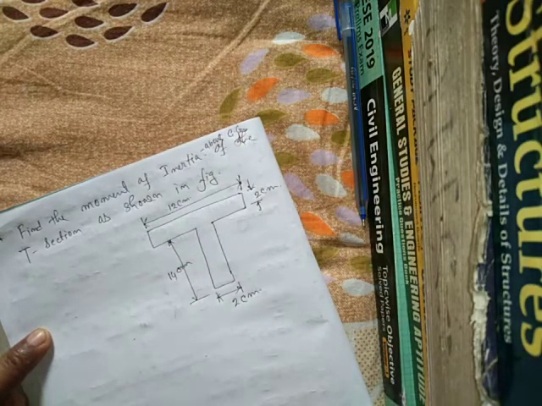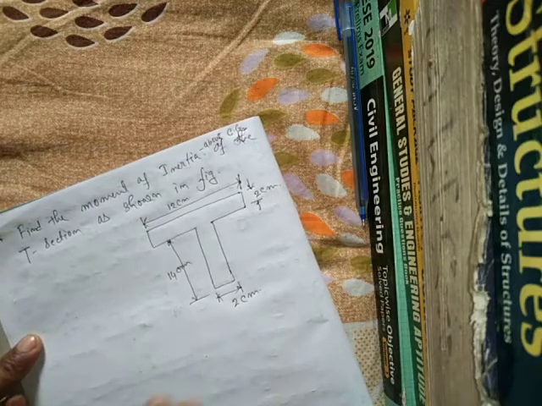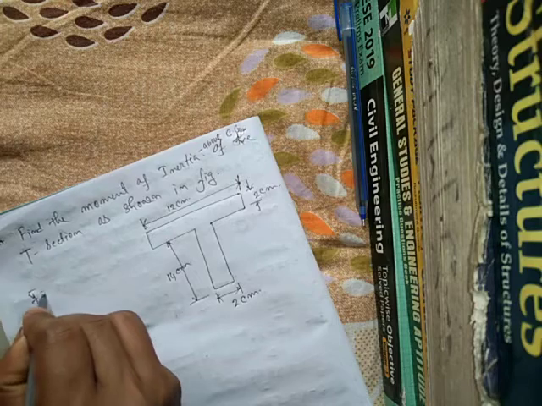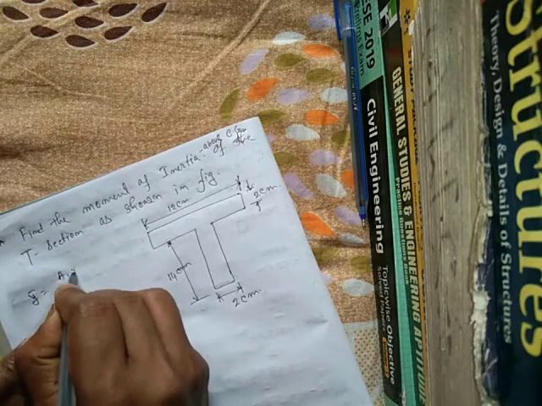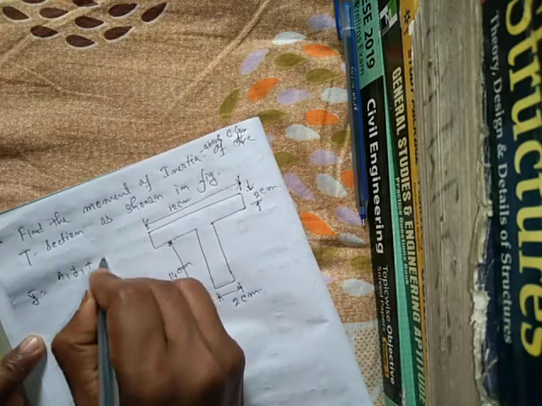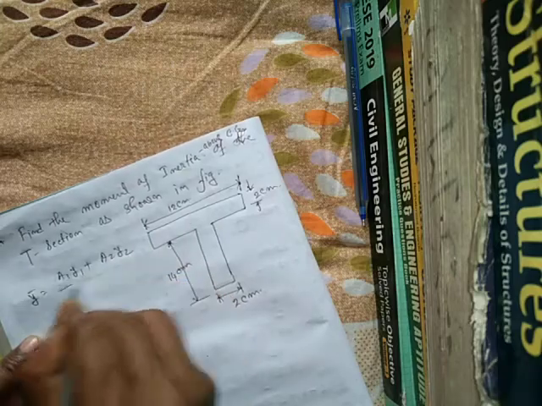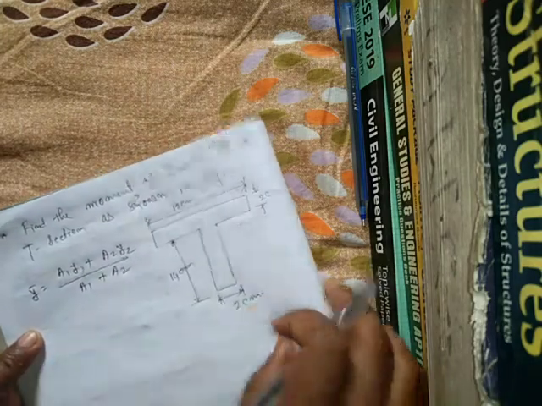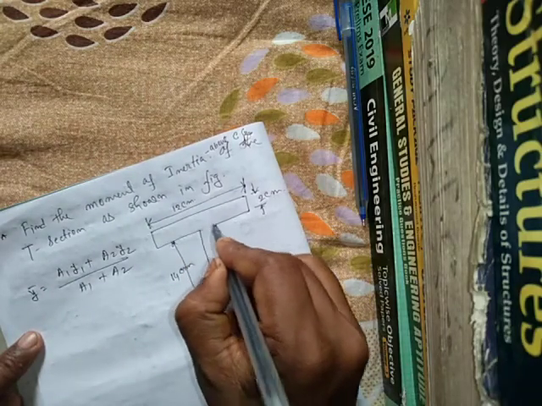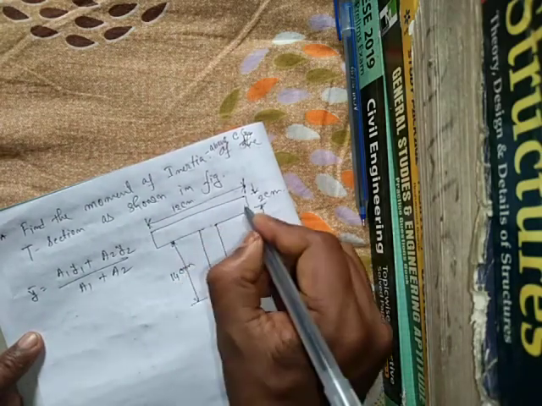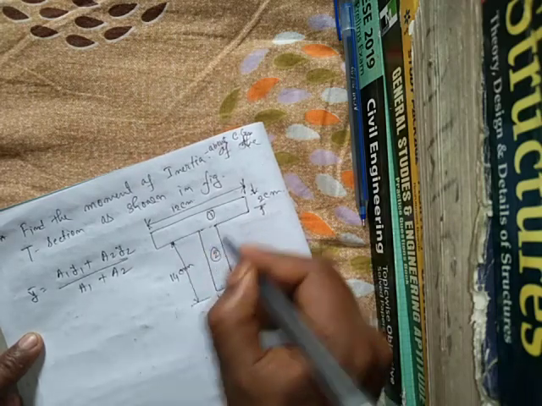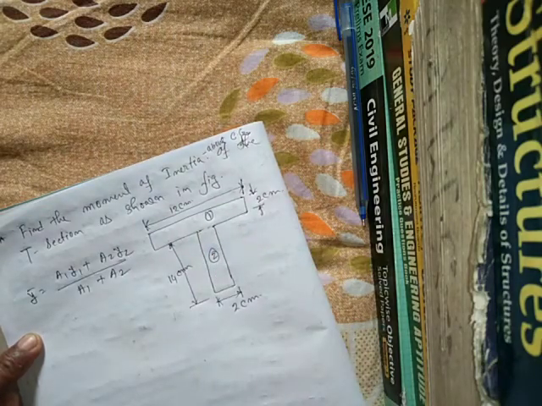First we have to find the centroid of the section. Y bar is equal to A1 Y1 plus A2 Y2 divided by A1 plus A2. Let me consider this as section 1, the flange, and the web as section 2.